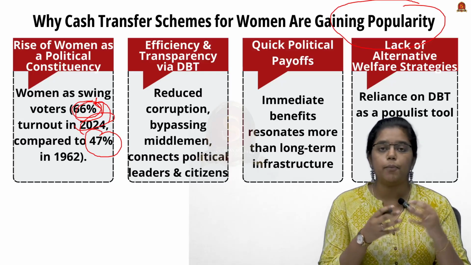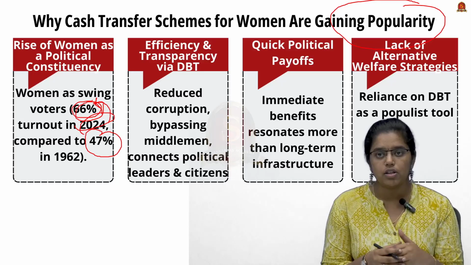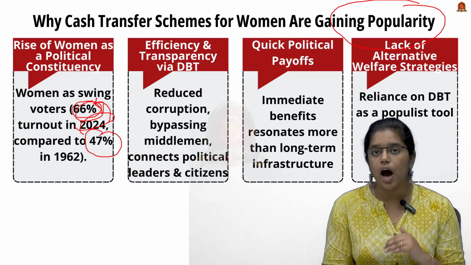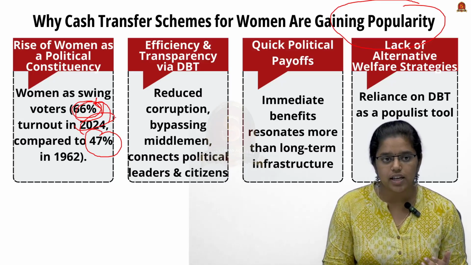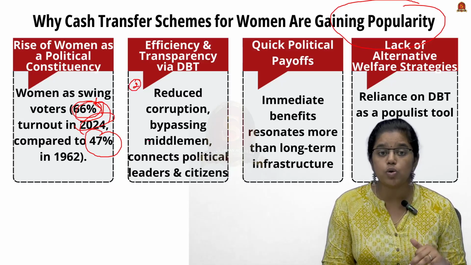So the political parties' agendas are mainly focusing on women. That is why these cash transfer schemes for women particularly are gaining popularity. And second is that there is a reduction of middlemen and there is no scope for corruption because of that.